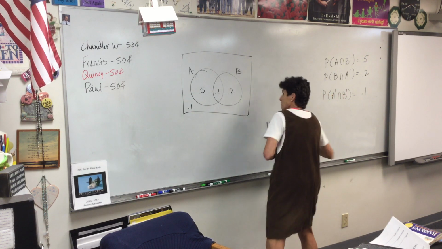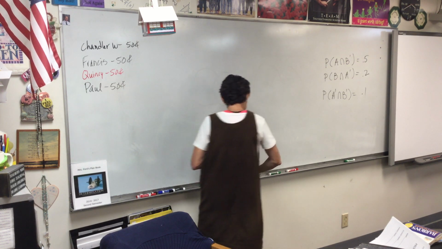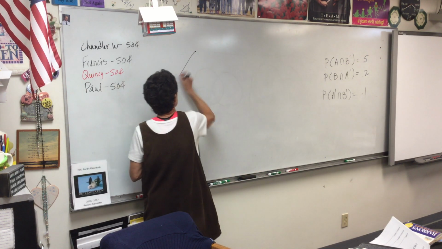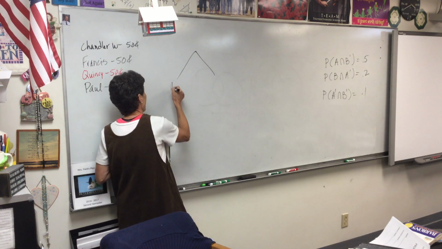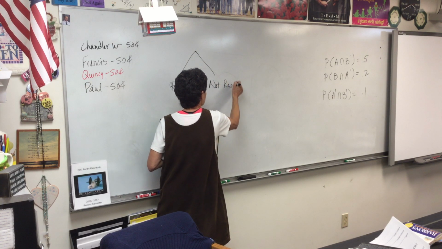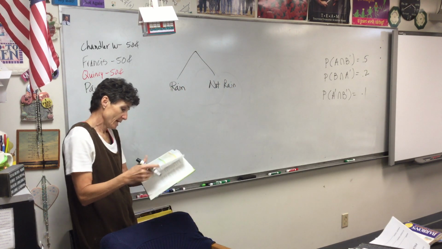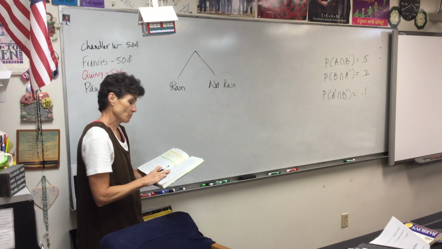So, what's the first thing? What's going to be the first level of the tree? Rain or not rain? Absolutely. Now, does the problem tell us the probability of rain? Yeah, it's 60%.